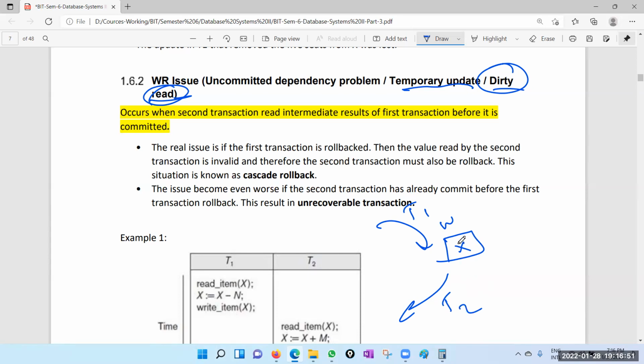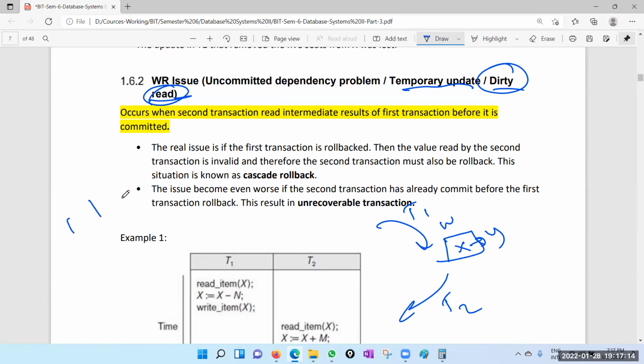Earlier, say it was X. Transaction one makes it Y. Now you read it, and you have read it as Y. So that is a temporary update or dirty read, because this is a dirty value. Why do we call this Y a dirty value? Because transaction one has not committed yet.